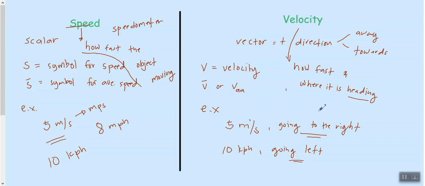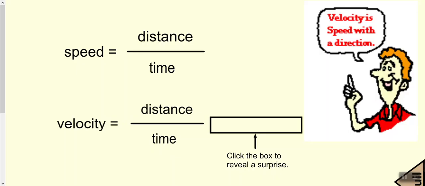So the mathematical equation for speed and velocity is this. Speed is equal to the ratio of distance over time. Same thing as velocity, which is distance over time, and we will just add direction. You will notice here that these are physical quantities, time and distance.